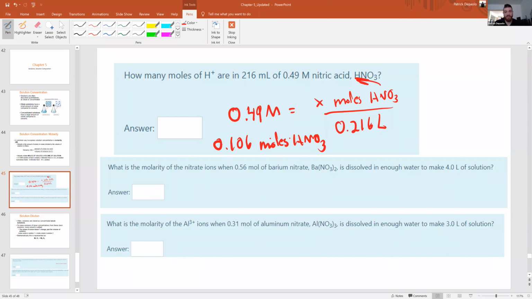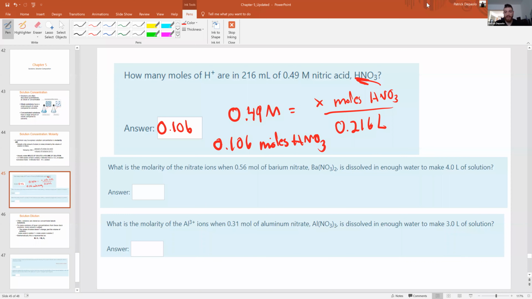If it's this many moles of HNO3, there is 1 mole of H per 1 mole of NO3 and per 1 molecule. So it's a 1-to-1 ratio, and your answer is 0.106. Sometimes you might have how many moles of NO3 are in MgNO3 too. In that case, it's double. So it depends on what the formula is.